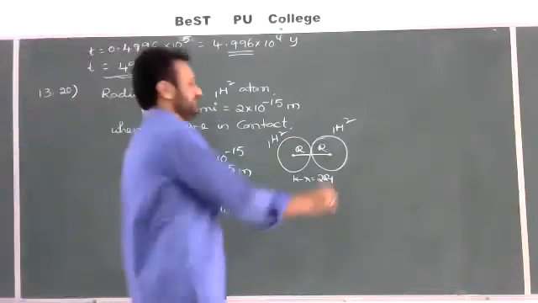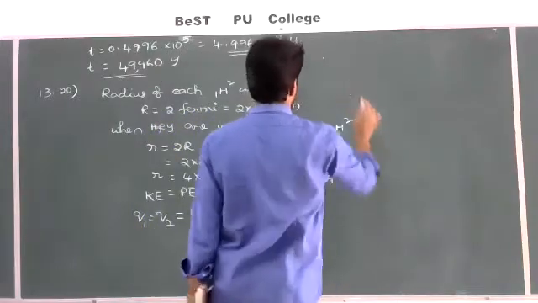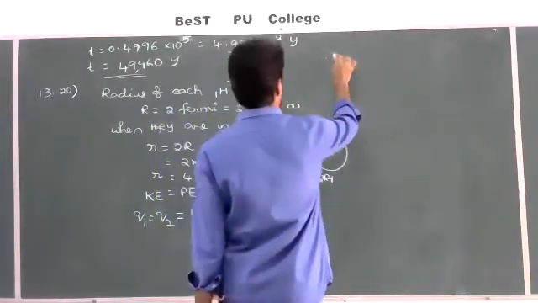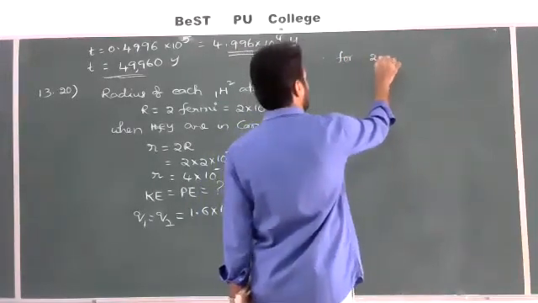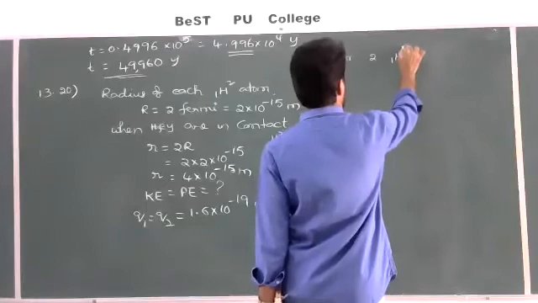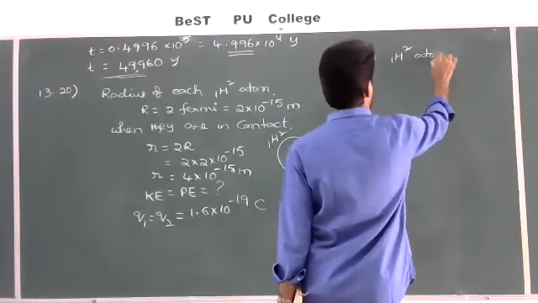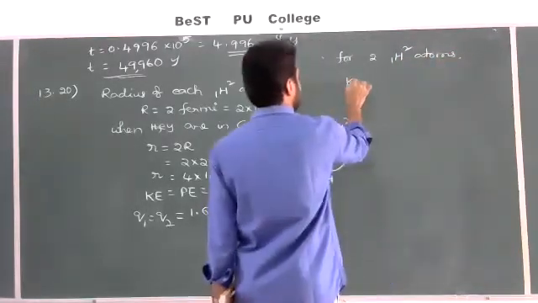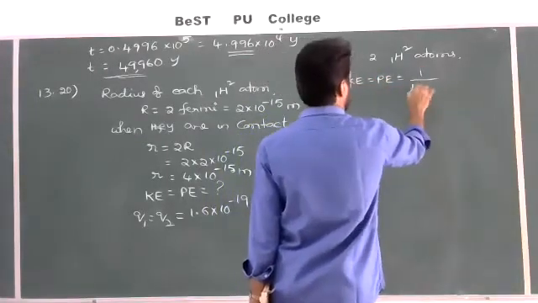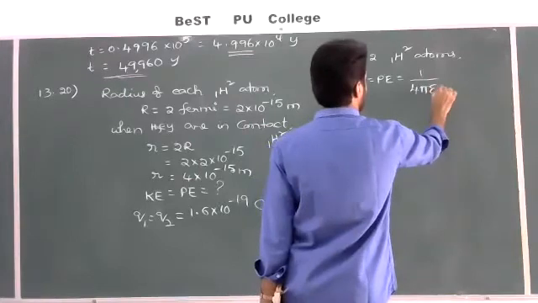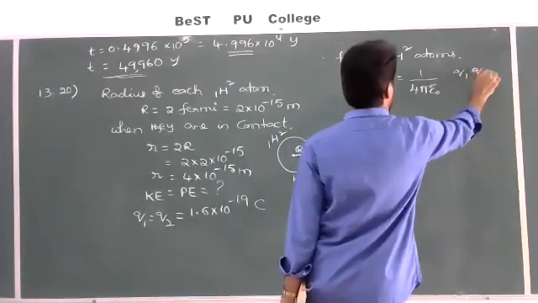Therefore, for two 1H2 atoms, KE is equal to electrostatic PE, which is equal to 1 by 4 pi epsilon naught into Q1 Q2 by R.